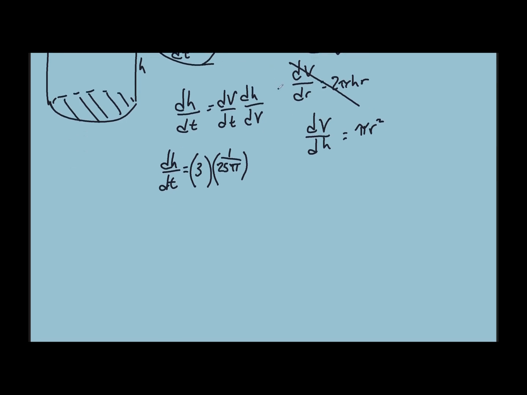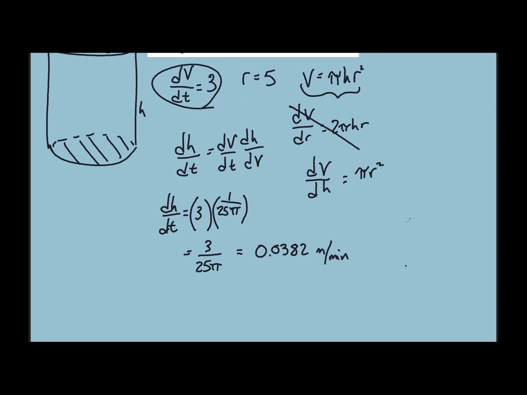And I think what we're going to end up with is 3 over 25 pi. And if that's correct, then we would get, putting it into the little calculator machine now, 0.0382 meters per minute. And that is the correct answer.